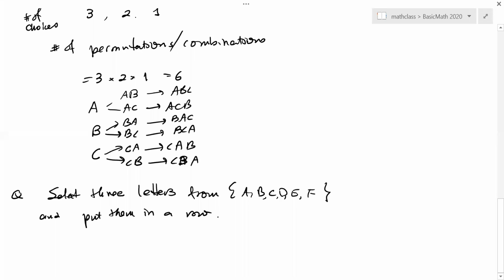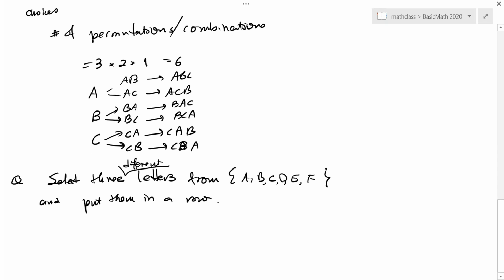That means 3 different letters. The question is how many words you're going to get.